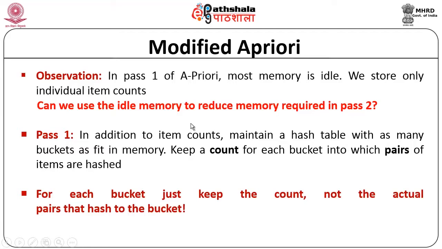So, the idea here is, can we make use of this idle memory? During pass 1, is it possible to make use of this idle memory and use it for indexing the frequent items that are generated? How this can be done is using a hash table. For each bucket all that we need to do is just keep the count and not the actual pairs. These actual pairs must be associated to the hash bucket.